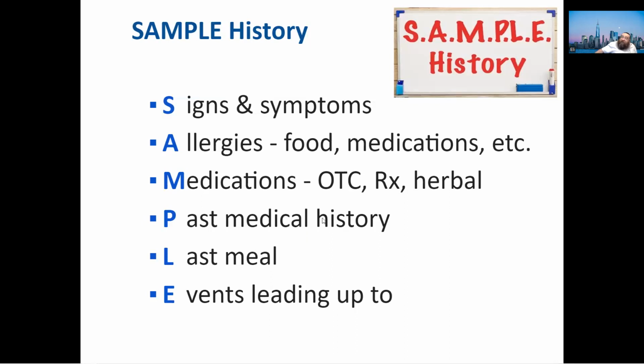L is the last meal or last oral intake. E, events leading up to what's going on in their life. I like to use it for socially, emotionally, that sort of stuff. And what are you doing if you find a patient on the floor without anybody around them? There will be no SAMPLE history. You can't get one. Always up triage, right?